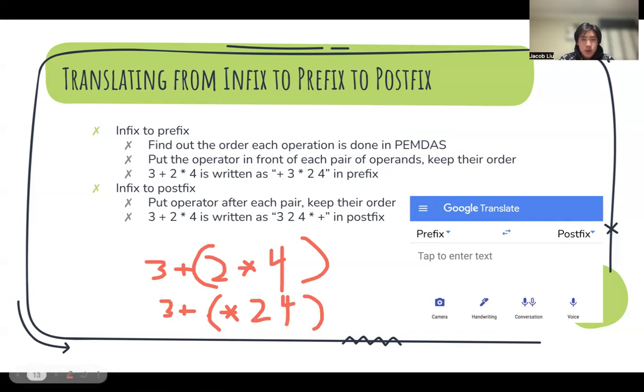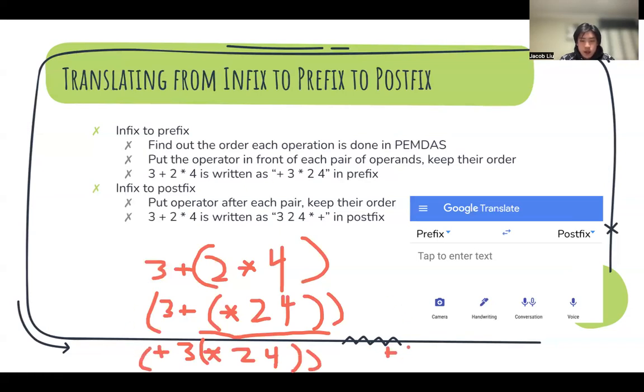And then you have 3 plus this. And this group of parentheses is considered a singular operand. So it'd become plus 3 times 2, 4. And then you can actually just remove all of these parentheses because in prefix and postfix, you don't need them. The parentheses were kind of just to show our work, so we are not lost.